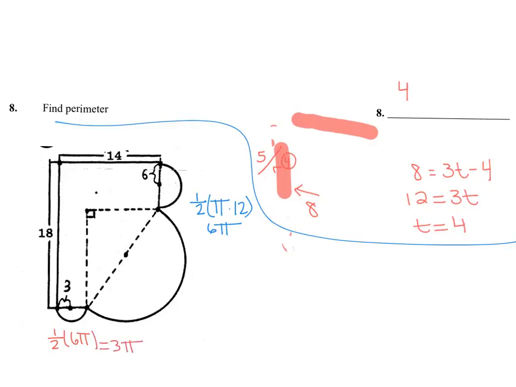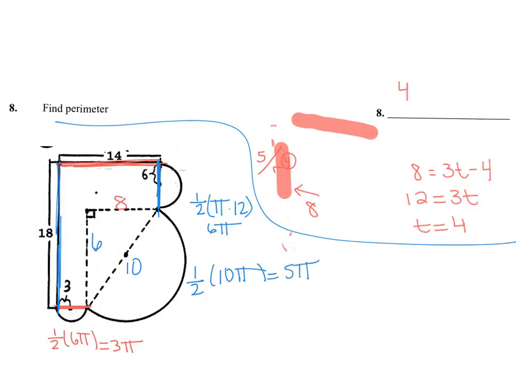Then let's think about this. If I have that this piece is 14 and this diameter is 6, 14 minus 6 leaves this to be 8. If I have 18 and I take away this 12, I am left with 6, giving me a 6, 8, 10. And I now have half of that 10 pi, or 5 pi.